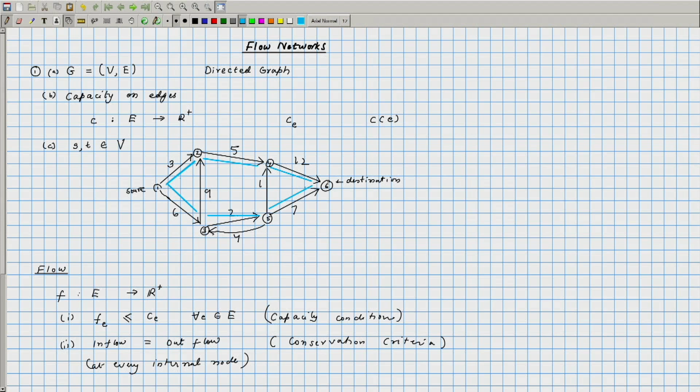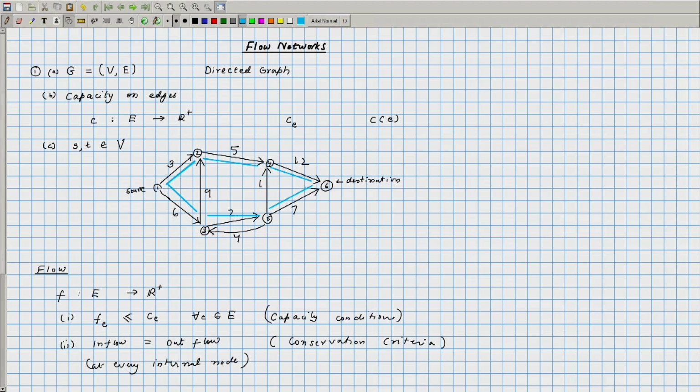So, if we take these blue edges we get a valid flow, and at any edge the maximum amount of flow is only 1, and therefore, it naturally meets the capacity criterion.